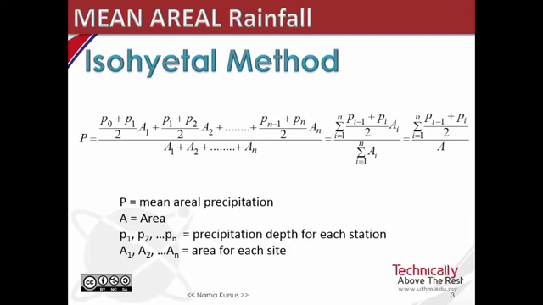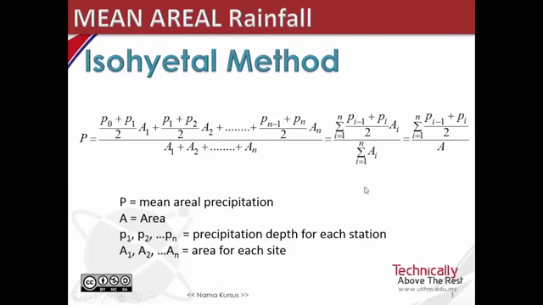This is the equation used to compute using the isohyetal method. P, or mean areal precipitation, equals the precipitation depth for each station multiplied by the area and divided by the summation of the area.